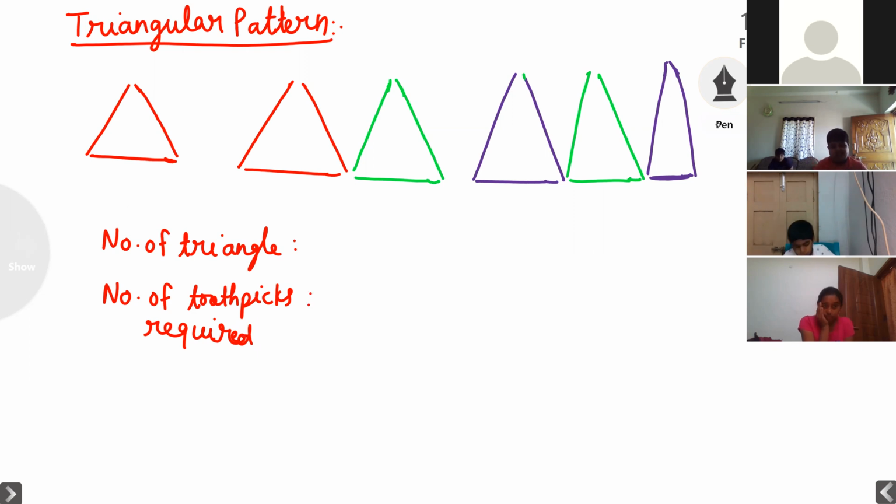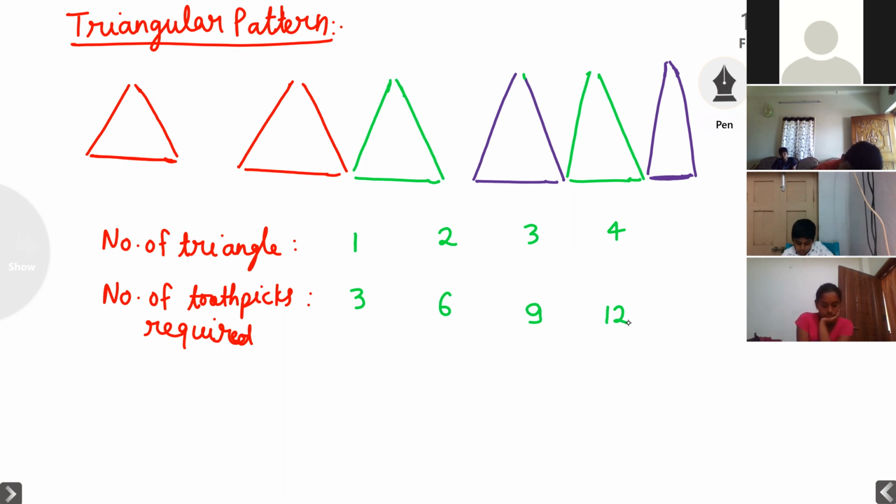Observe here. If the number of triangles is 1, how many toothpicks are required? 3 toothpicks. If I want to draw 2 triangles, how many toothpicks are required? 6. 3 triangles, 9. Tell me, without drawing, for 4 triangles, how many toothpicks are required? 12.